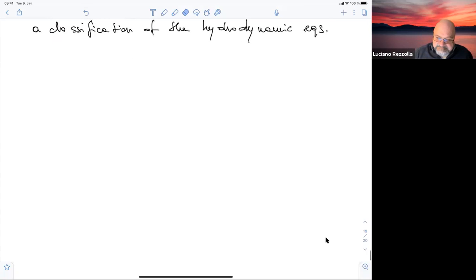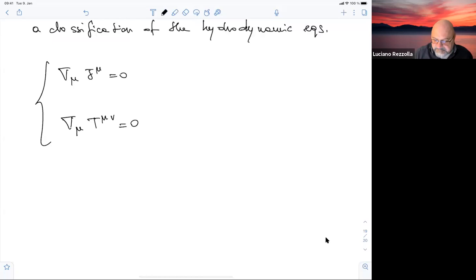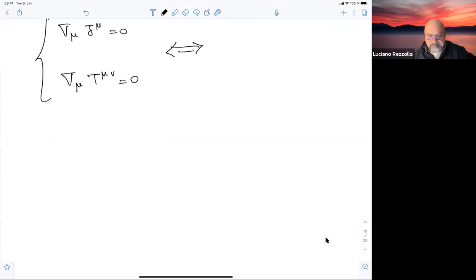So these two equations here, well, two equations, I say two, but we said it's four. These equations here, nabla mu j mu equals 0 and nabla mu t mu nu equals 0, these can be written in a very generic form as follows. dt u plus A nabla u equals s.